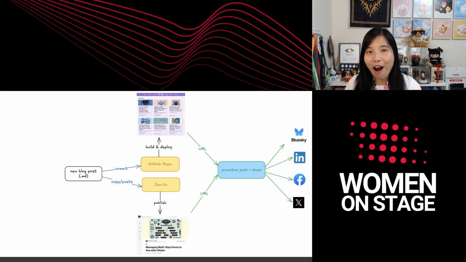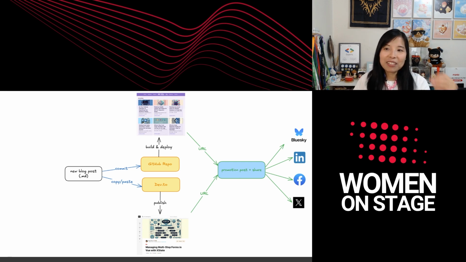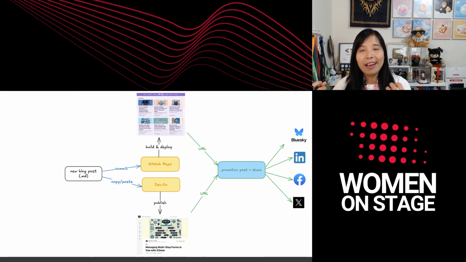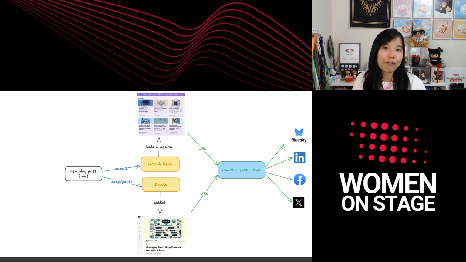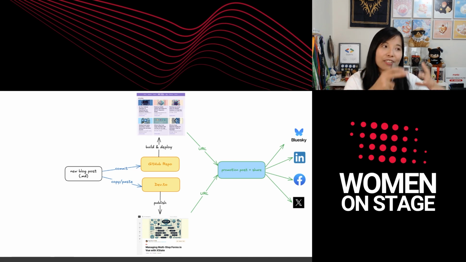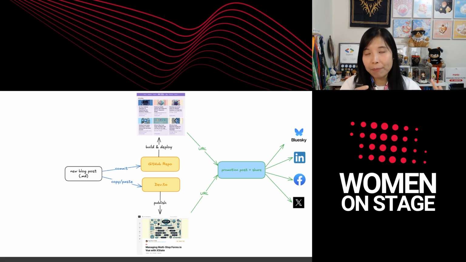You know how hard it is, because each platform is not the same. The audience is so different, the style is different. You can write only 255 characters on Bluesky or Twitter, but you can write more on LinkedIn, and people on LinkedIn are looking for posts in a different format, a different tone, and so on and so forth. And this is basically the whole workflow I need to do manually in order to publish and promote my blog post.